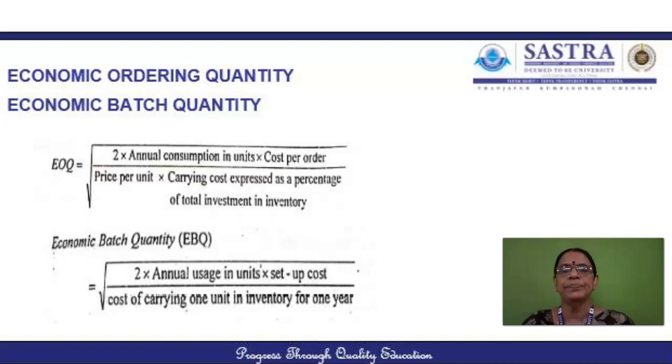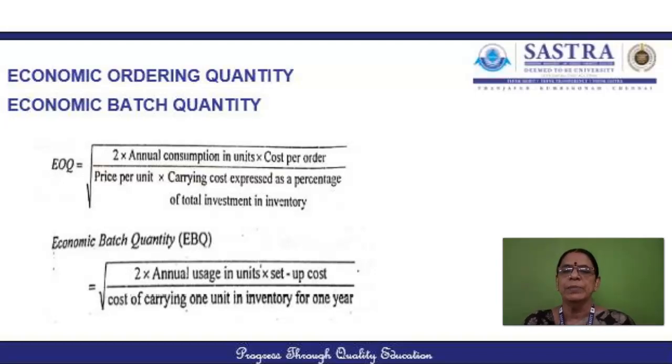The third one. XYZ Limited consumes 4,000 units of a particular item every year. The cost per order has been ascertained to be rupees 240. The price of the unit is rupees 10. The inventory carrying cost of the company is 30%. Determine EOQ.